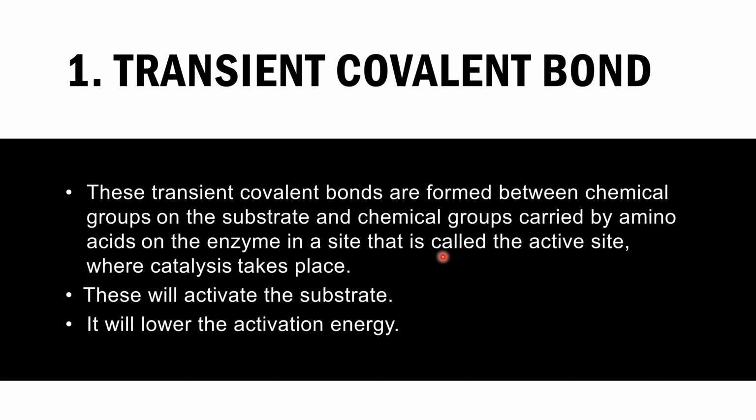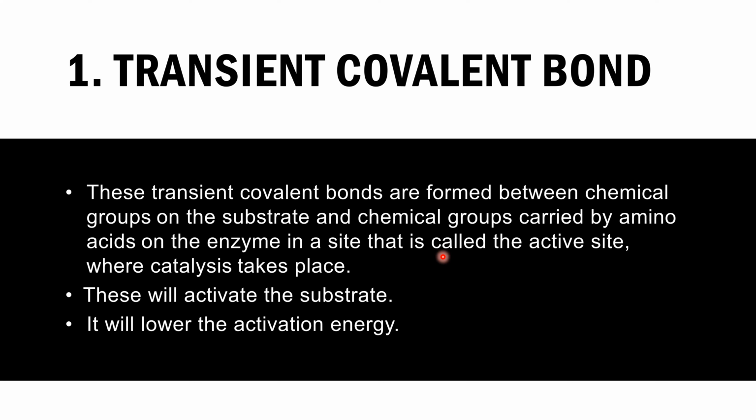These transient covalent bonds will activate the substrate and, in return, lower the activation energy. They are very important for making enzymes significant catalysts, because if these weak covalent interactions are not forming between the substrate and the enzyme, then the substrate is not activated for going into the transition state and eventually to the product.